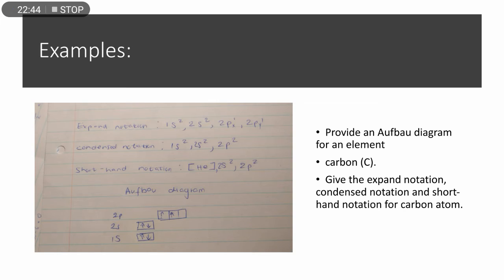The expanded notation reveals this set of Aufbau rules that electrons will be placed freely, singly first, before they could pair up and before they could even move to the next energy level.